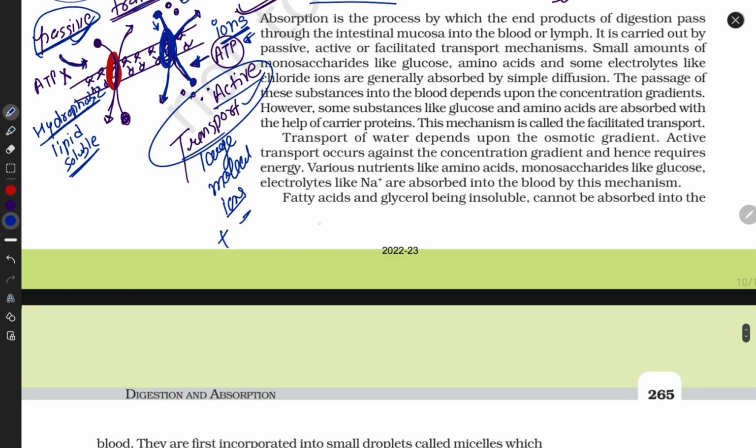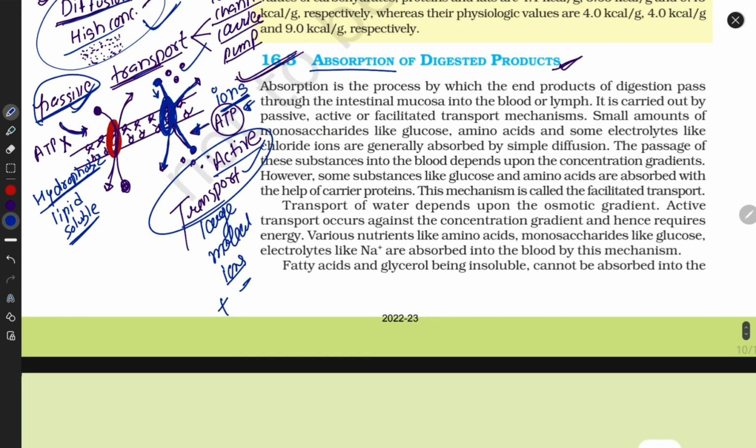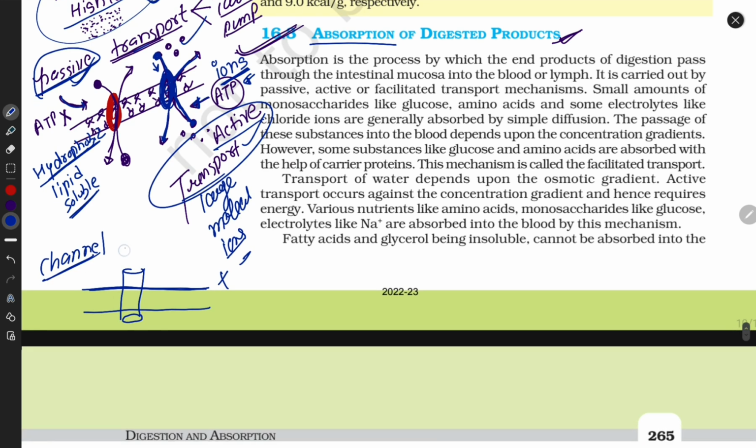If some molecule uses a channel, this is the plasma membrane and they make a channel for them. So anyone goes from outside to inside and inside to outside, but for a limited time. They don't require ATP.